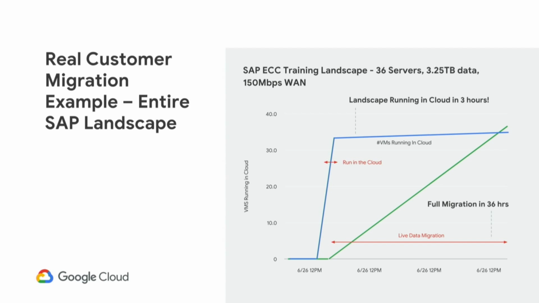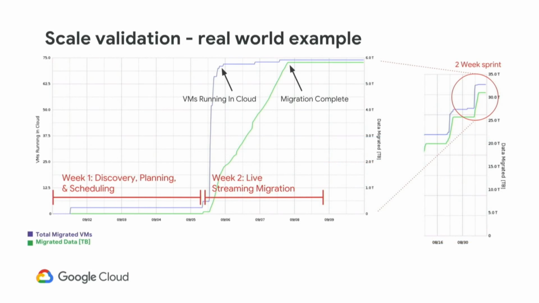This happens completely transparent to you. And in a matter of 36 hours, in this specific case, more than 3 terabytes of data were migrated over a WAN of 150 megabits per second. In the context of SAP, this is an example of an SAP ECC training environment. Again, a low-hanging fruit to start with in the case of Google Cloud.